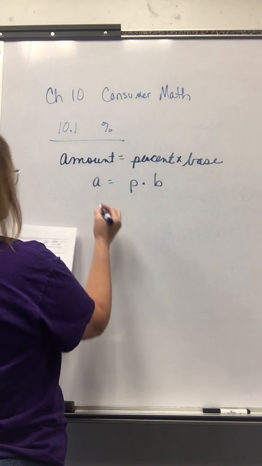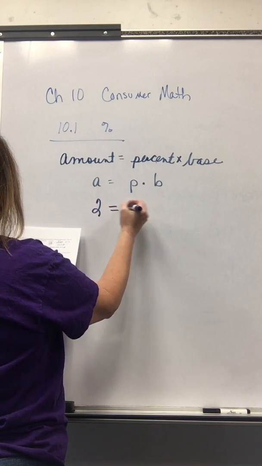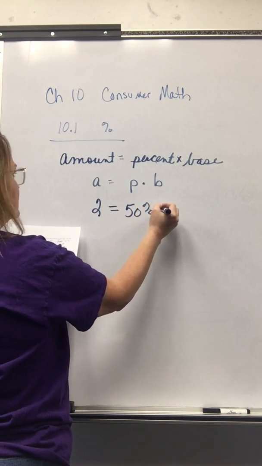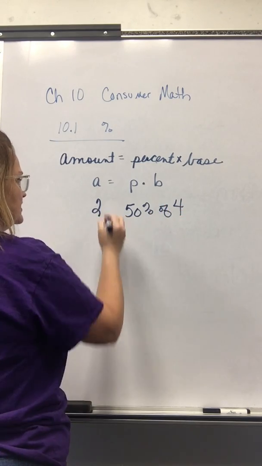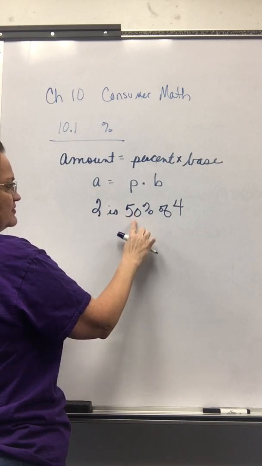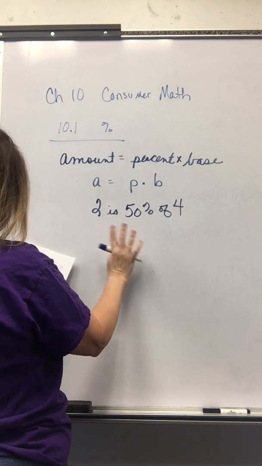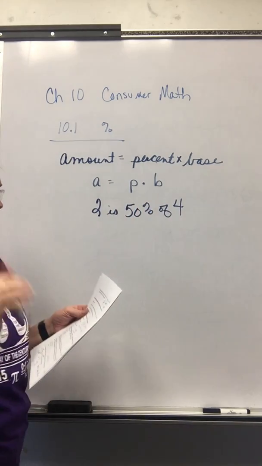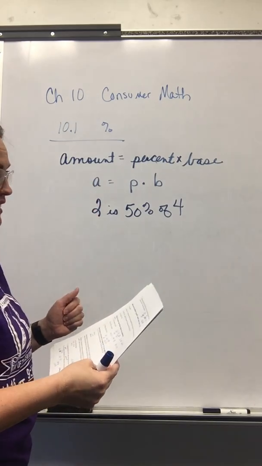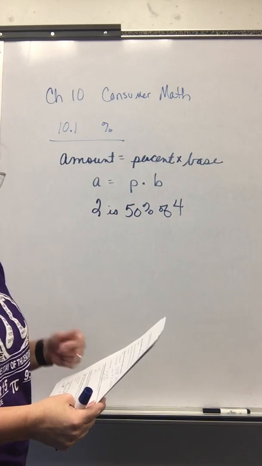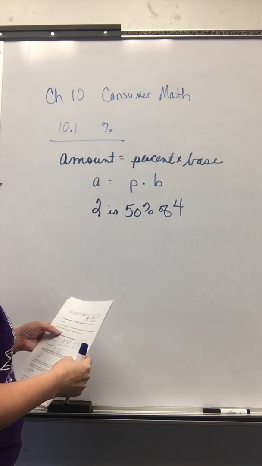So, for example, it says 2 is 50% of 4. If I write it just like it's written here, notice that the 2 is the amount, the base would be 4, and 50 is obviously the percent.